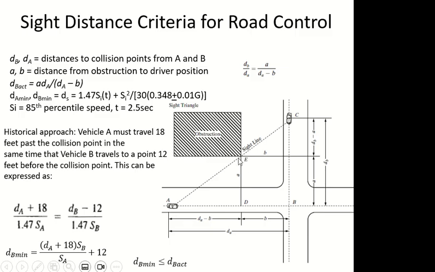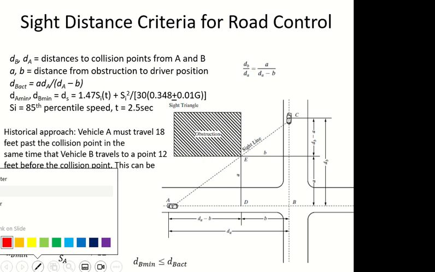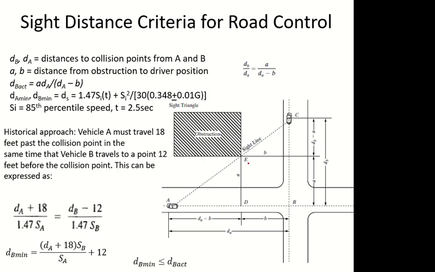If I move the obstruction closer, this will block my line of sight. If I move the obstruction here, then my line of sight is blocked. So from here I can only see up to this much. Okay, so this is the importance of the obstruction on the side of the road when you are judging the sight distance for the intersection.